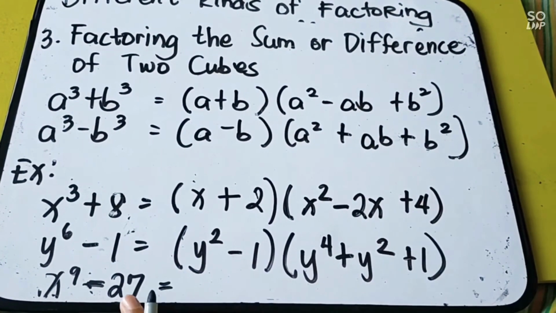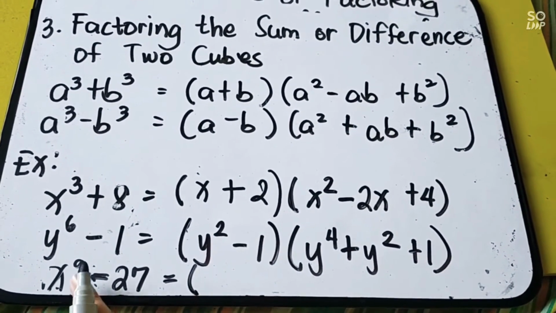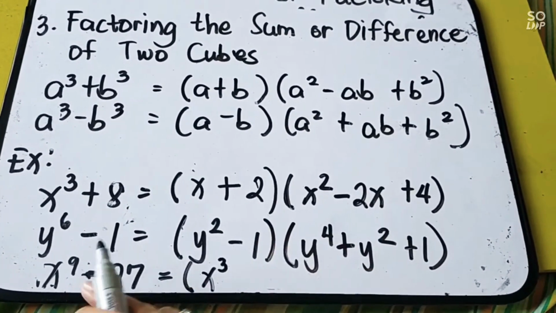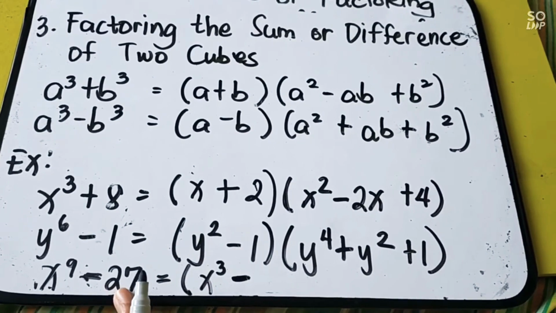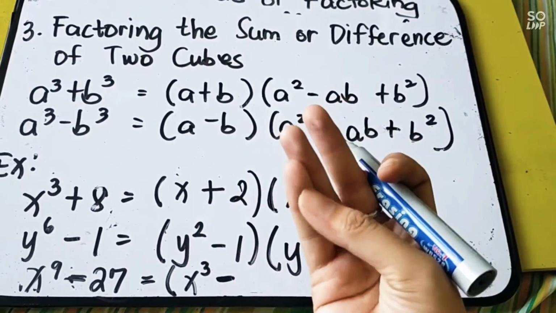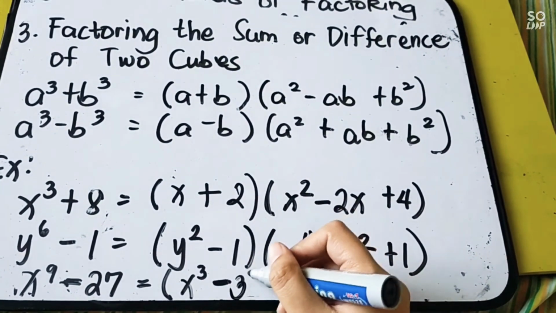So, the cube root of 27 is 3. Okay? So, we have here x raised to 9, divide mo lang sa 3, that is x cube. Minus cube root ni 27, we have 3. Pag tatlong beses mo na multiply yung 3 sa kanyang sarili, the answer is 27.